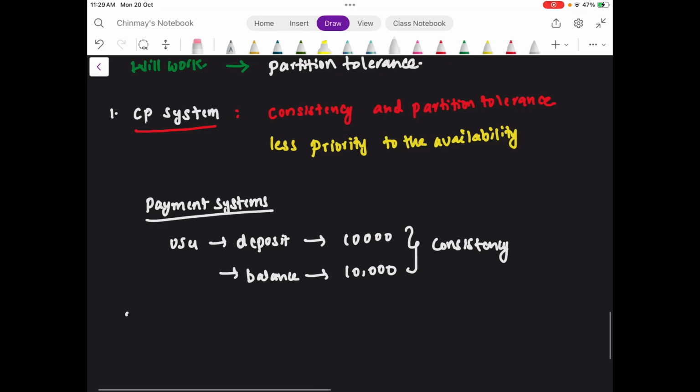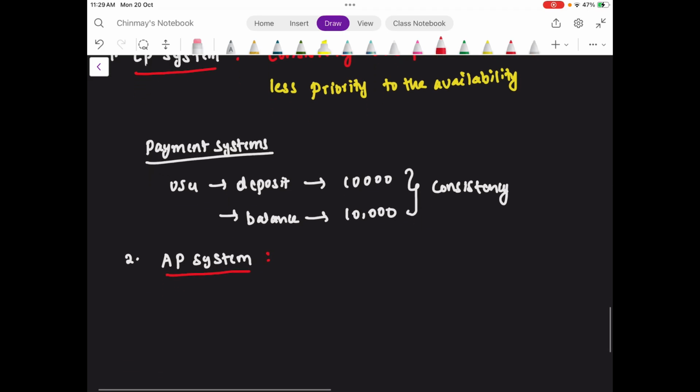If you consider AP systems, let us consider an AP system. In the AP systems, what is the priority? Availability and partition tolerance.